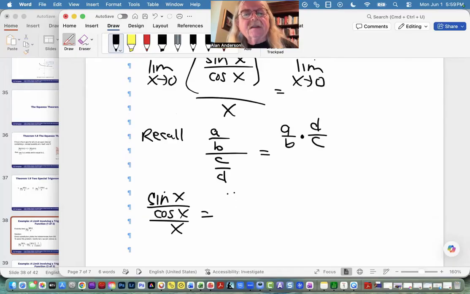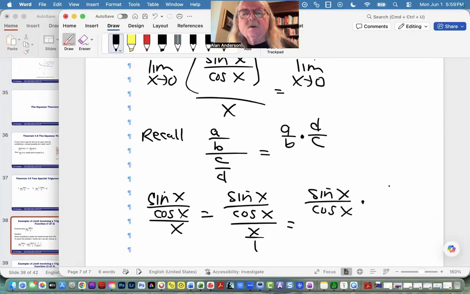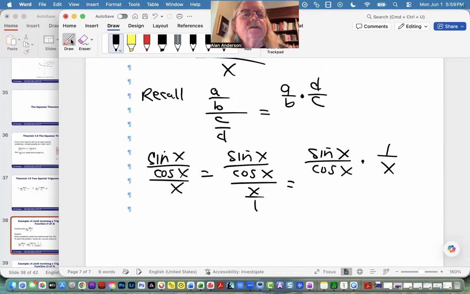we can think of this as sine x over the cosine of x divided by x over 1, which in turn is the same thing as sine x over cosine x times 1 over x. And that means it's equivalent to sine x over x cosine x.